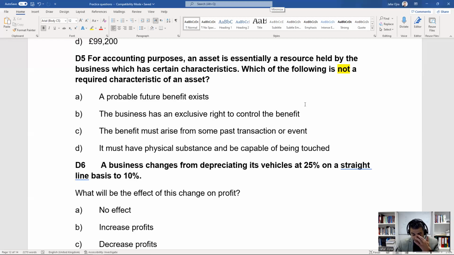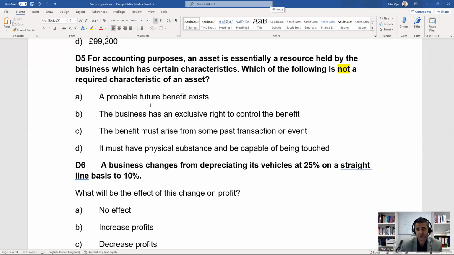So be careful. The first one is an asset must have a probable future benefit. That's 100% correct. So yes, this is a requirement of an asset. B, the business has an exclusive right to control the benefit. That's correct, actually.